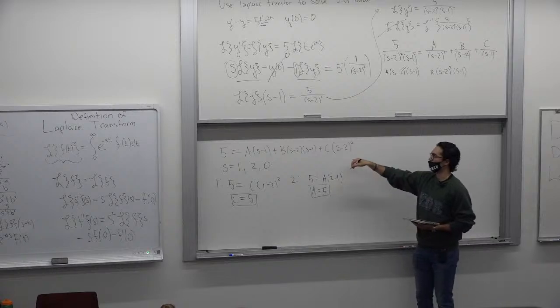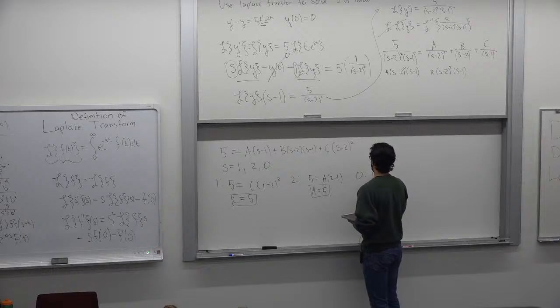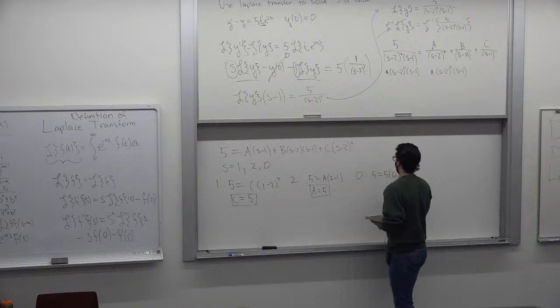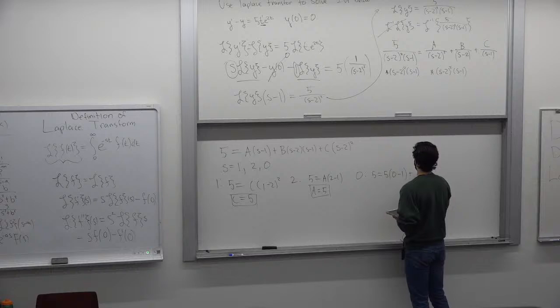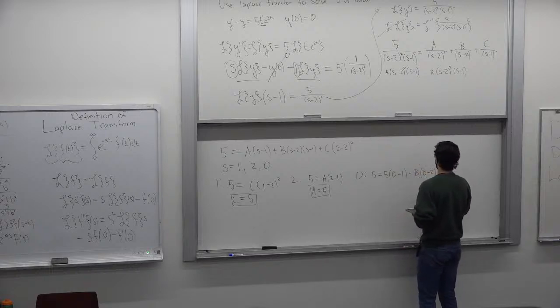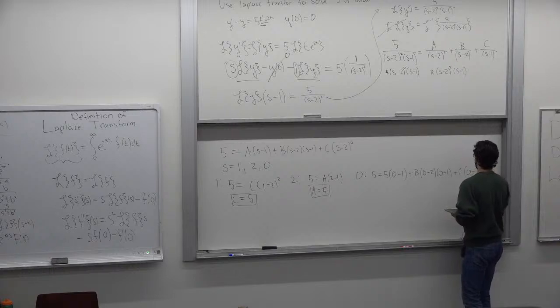And then we're going to plug in 0. So we get 5 equals 5 times 0 minus 1, plus B times 0 minus 2 times 0 minus 1, plus C times 0 minus 2 squared.